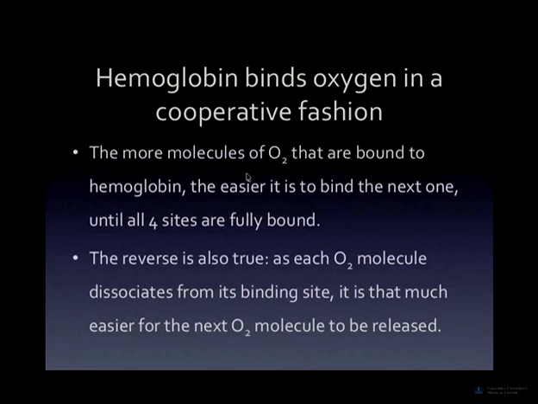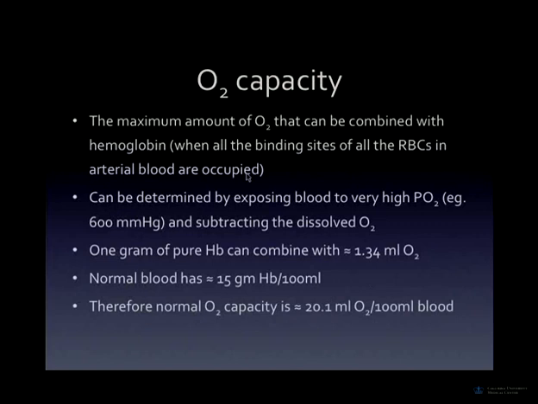And hemoglobin binds oxygen in such a cooperative fashion. The more molecules of oxygen that are bound to hemoglobin, the easier it is to bind the next one, to load up all the sites until all 4 sites are fully occupied. And the reverse is also true. Once you start unloading oxygen molecules, it becomes progressively easier to do so.